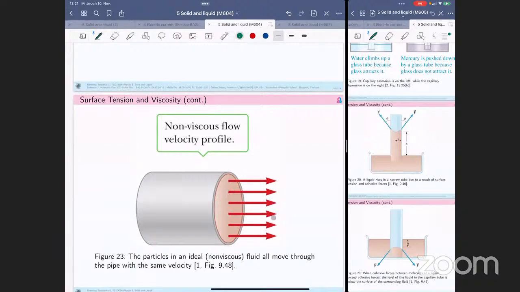All layers have the same amount of velocity, so we have the flat profile. The same velocity at different points in this cross-sectional area of the pipe. But I would say this doesn't happen in nature. It's the ideal case.